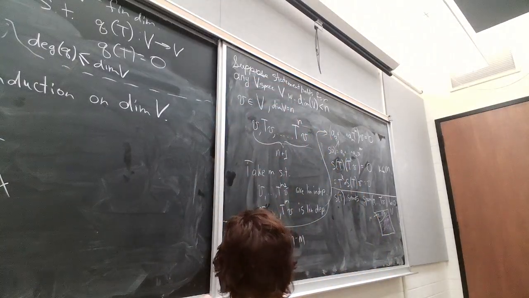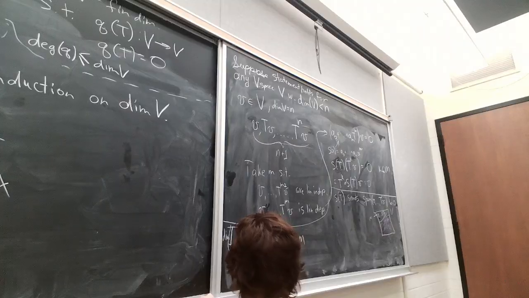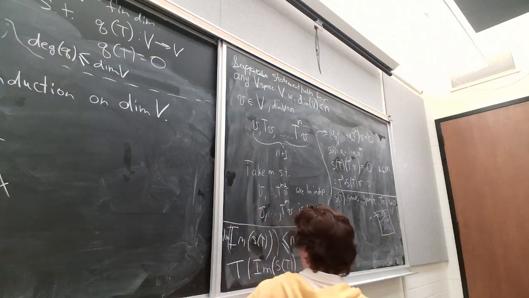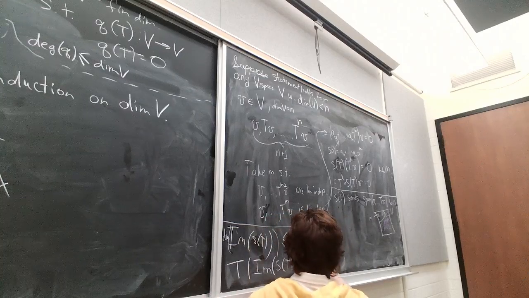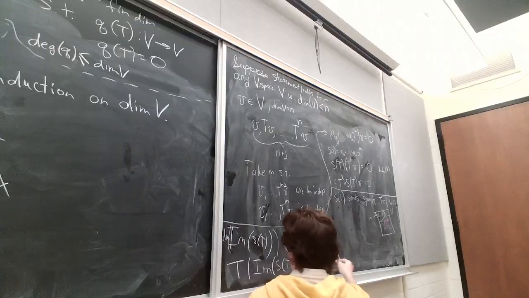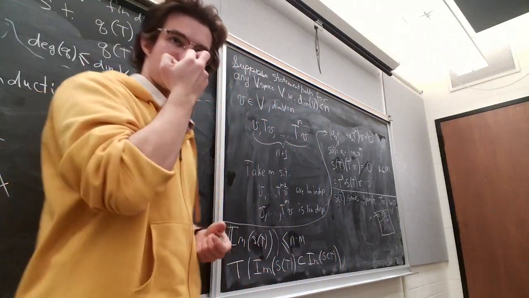T has to take the image of S of T and send it back to the image of S of T. Okay? How do we know this?